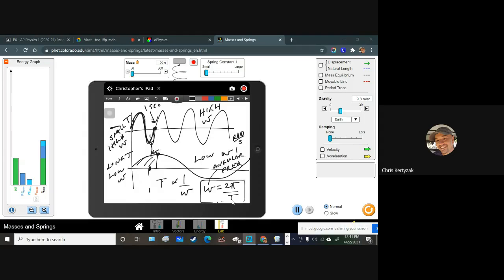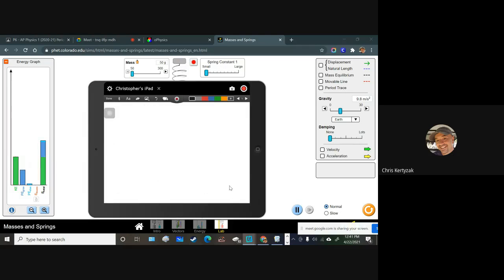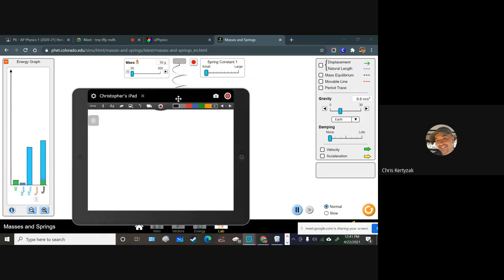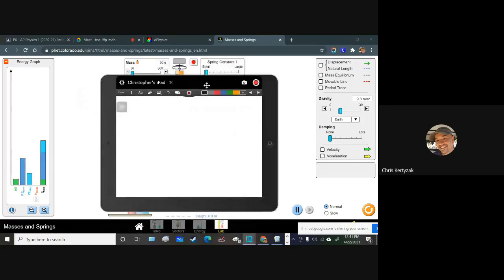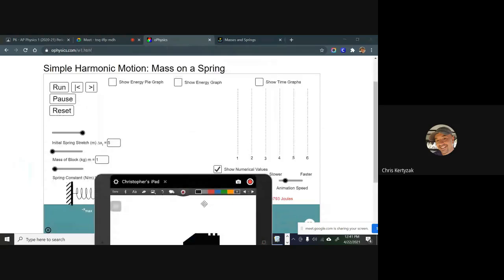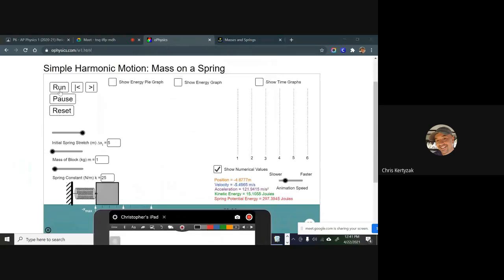So now we get to point out that I've talked about the shape of the graph and omega. Now, omega is an important property that's affected directly by the mass of the object going back and forth and the strength of the spring constant. Again, if I run this, it's moving very slowly.